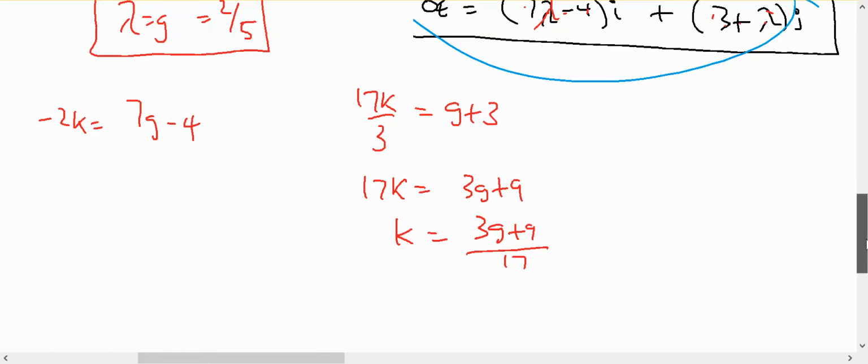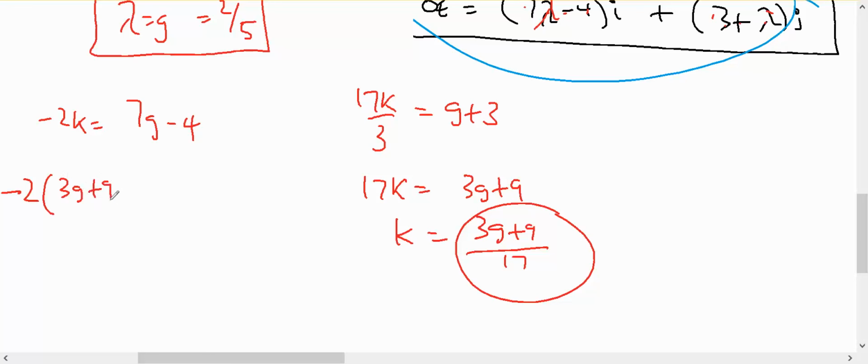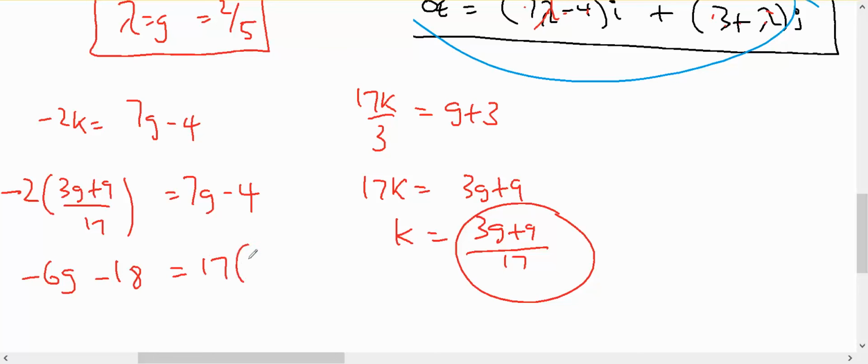And then I'm going to replace that up over here, which will give me minus 2 times k, which is this, 3g plus 9 on 17 equals 7g minus 4. So minus 6g minus 18 equals 17 times 7g minus 4.